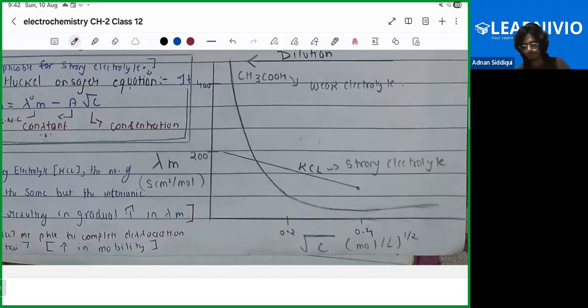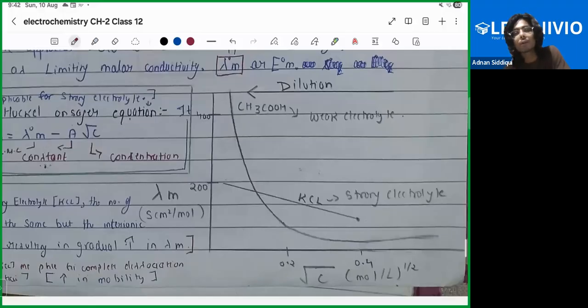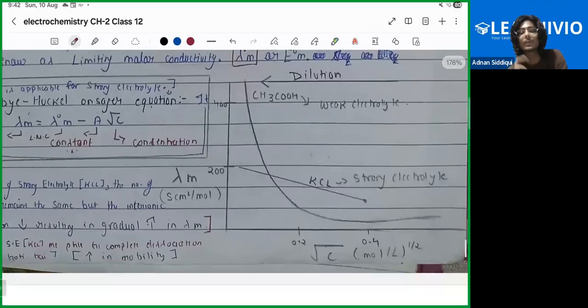Now, what we observe if you are taking a weak electrolyte and a strong electrolyte, what is the trend of increase in molar conductance? If the concentration is decreasing, you are making your solution more diluted. For the strong electrolyte, you will observe a very slight increase in molar conductance.